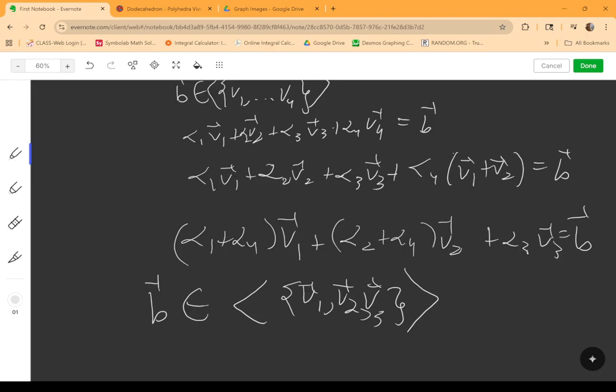Since b was just an arbitrary element that I chose in the span, I've now shown that it's in the span of the smaller set. So we can remove redundant vectors one at a time, but in the next video we're going to look at a much more streamlined, more effective way to get from a linearly dependent set to a linearly independent set with the same span.